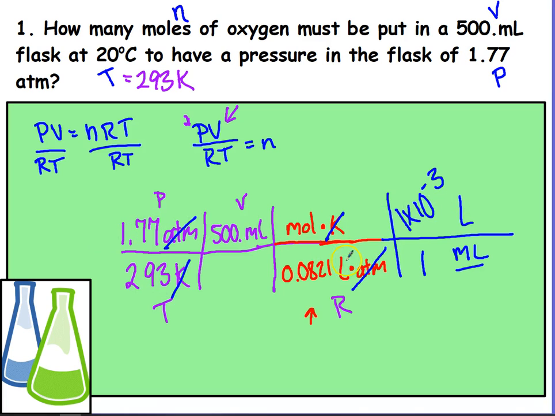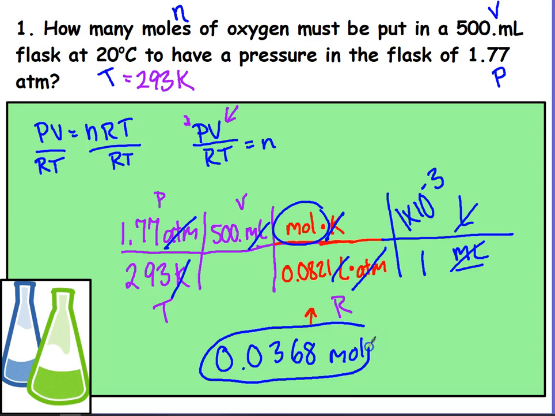Multiply the top, divide by the bottom. Milliliters cancels out, liters cancels out, so you're just left with moles. So my final answer, if I plug this in correctly, will be 0.0368 moles. And that's how to find how many moles of gas are actually inside the substance.